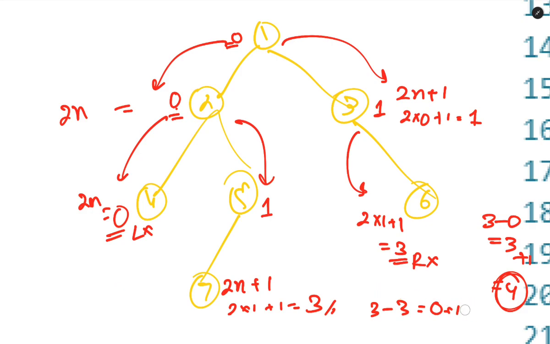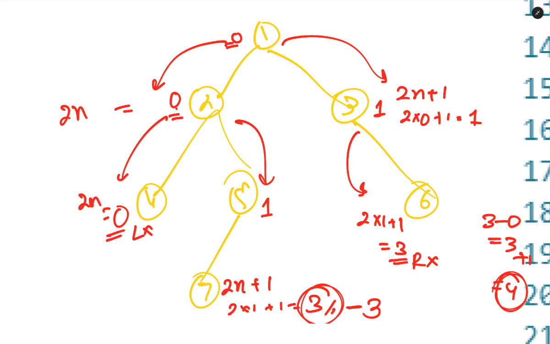But I want you to know something, and it's that if it's 3 here, I don't want it to be 3, I want it to be 0. If it's the first node in every level, I want it to be 0. So what I will do, I will just subtract it from itself.